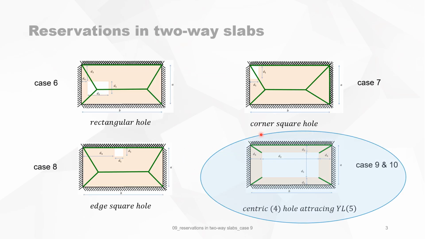So we will now take care of case 9, which is a centric reservation hole attracting the yield lines. We will explain just now what that means.